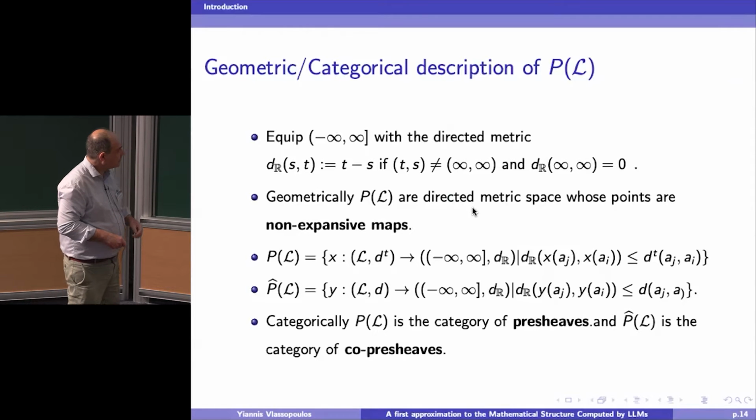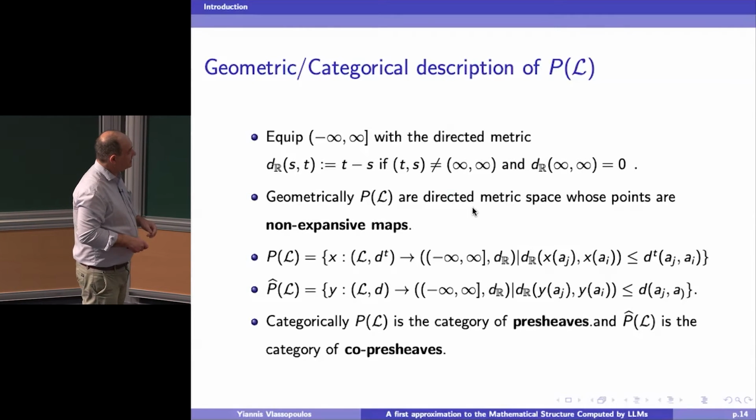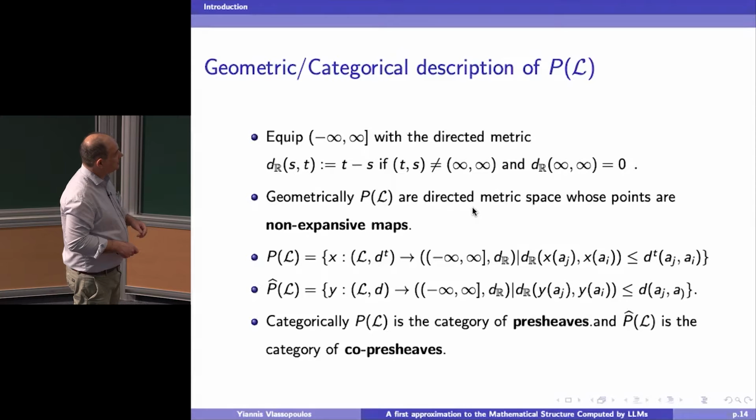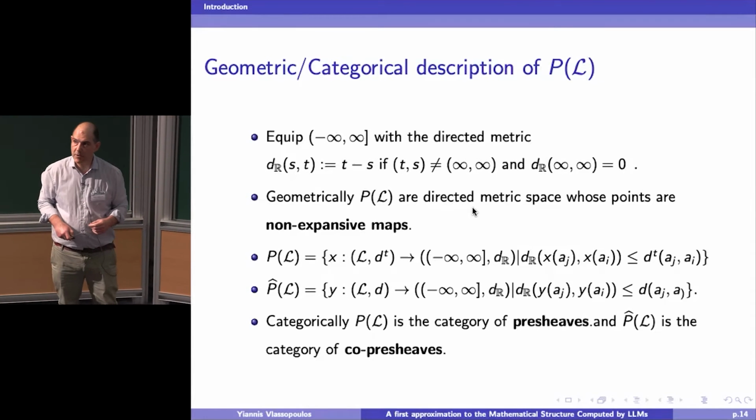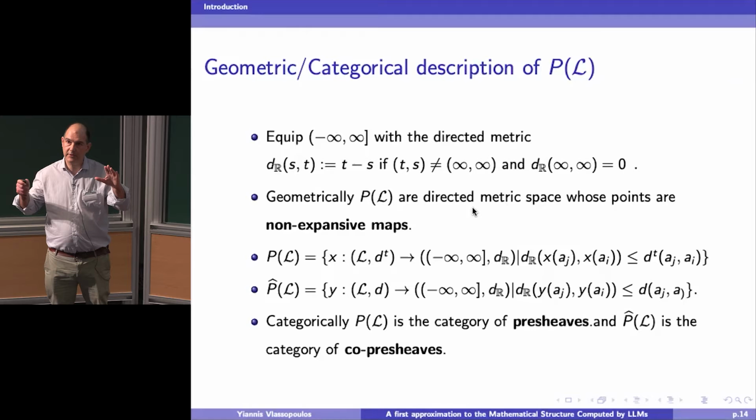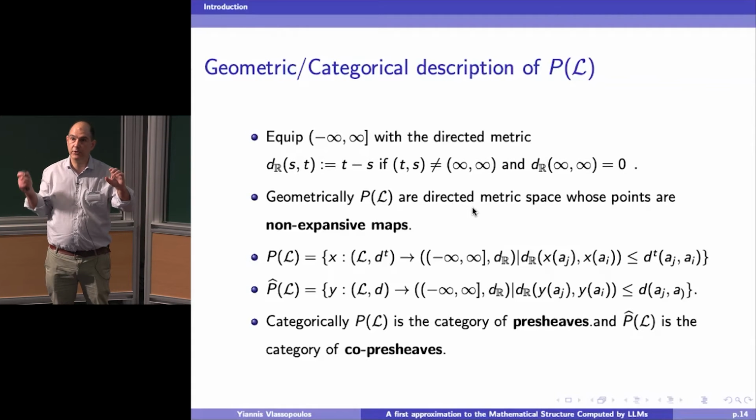And categorically, this is the category of presheaves, and P hat of L is the category of co-presheaves for the space. Now remember, what are presheaves? It's just a functor from your category into the enriching category.